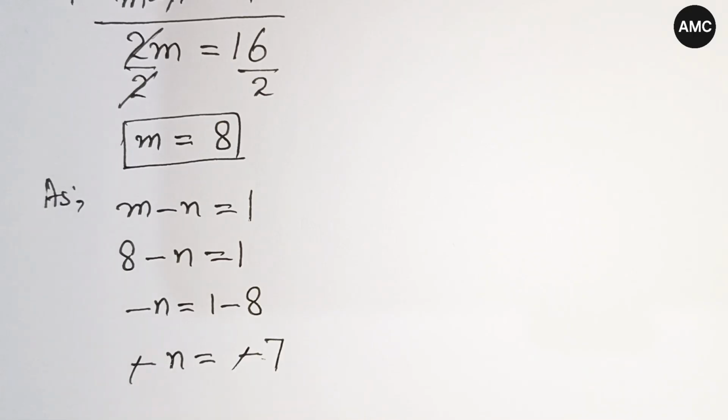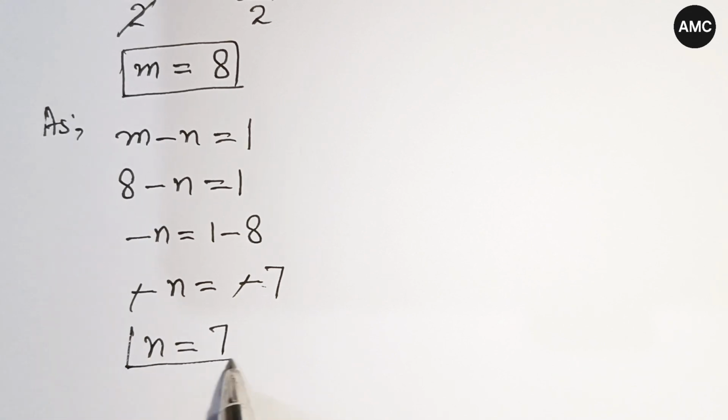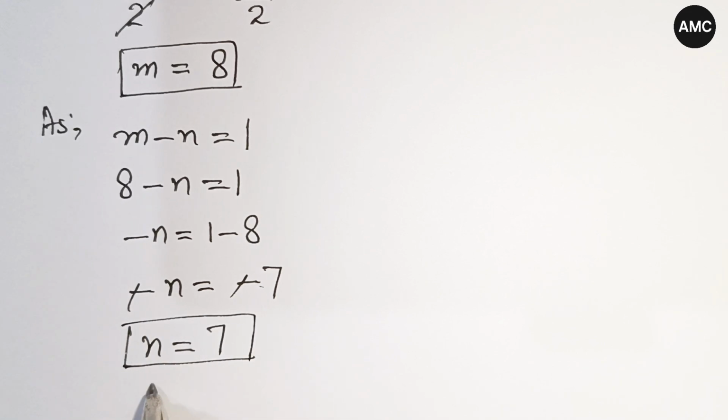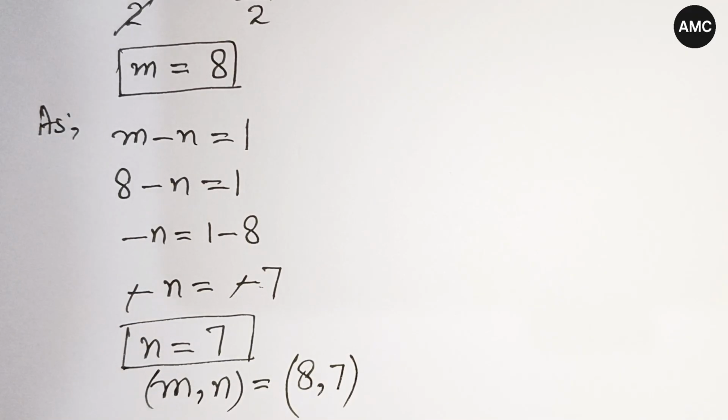Cancelling the negative sign on both sides, we get n is equal to 7. So here we have our first pair, the value of m and n is 8 and 7. So we get our first pair from case number 1.